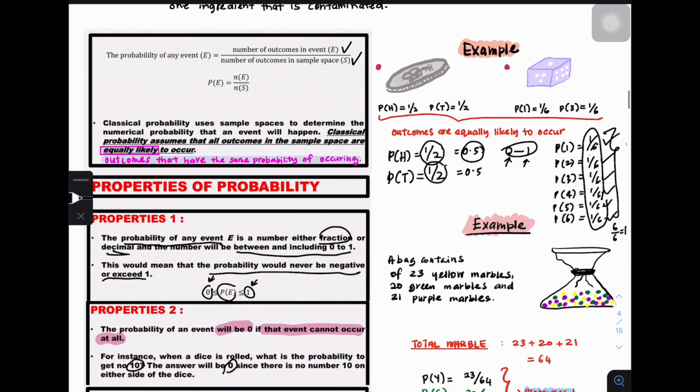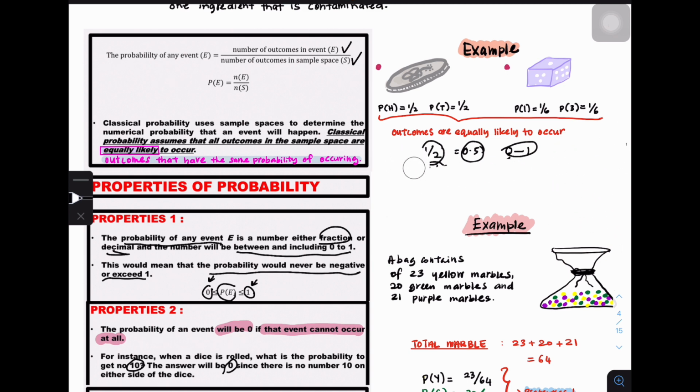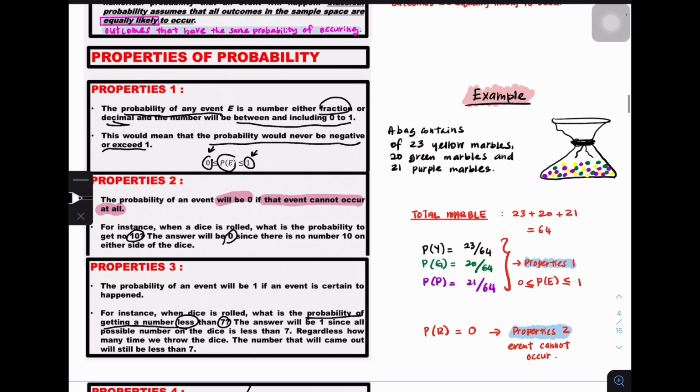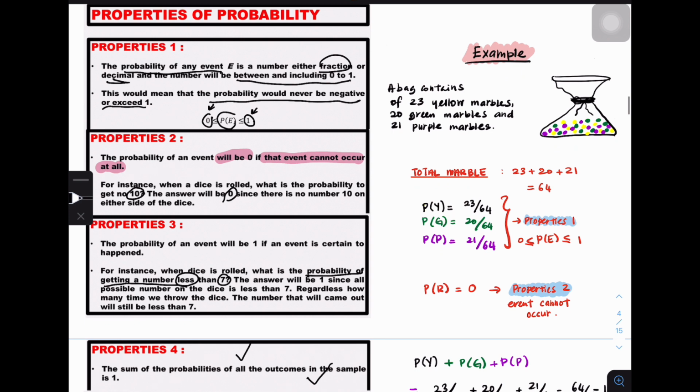Okay, so sekarang kita nak tengok contoh. Katakanlah sekarang kita ada guli dekat dalam beg. Macam dekat lukisan ni, ada guli dalam beg. Okay, kita ada guli dalam beg, guli pelbagai warna. So, a bag contain of 23 yellow marbles. Okay, 23 guli dalam beg ni. Ada 23 guli warna kuning.